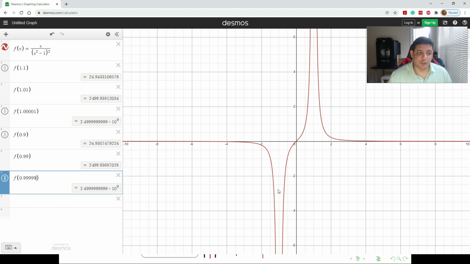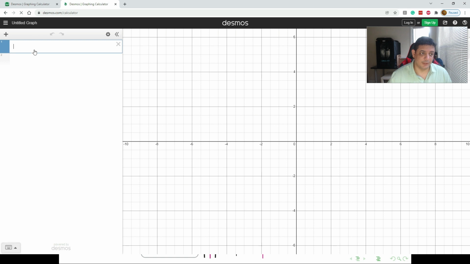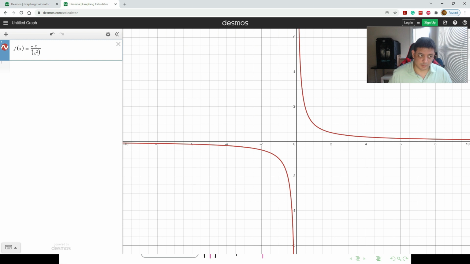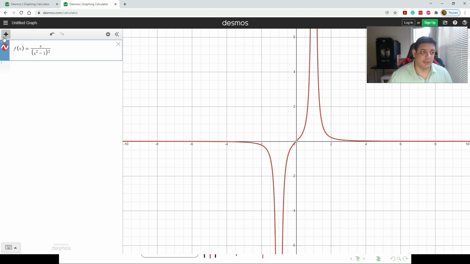Now if I'm approaching minus 1, you notice that this was for this particular case. Let me do it again with minus 1. Okay, so I have the function in there again, and now I want to approach minus 1, so I'm going to do the same thing.